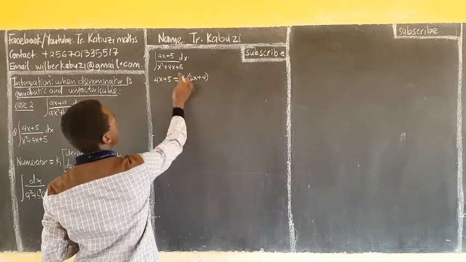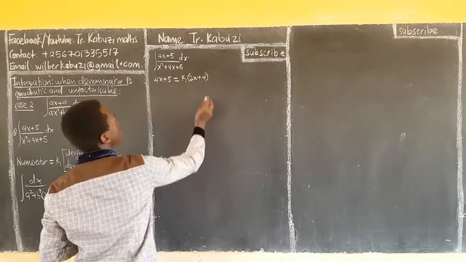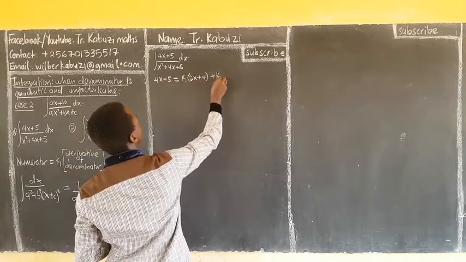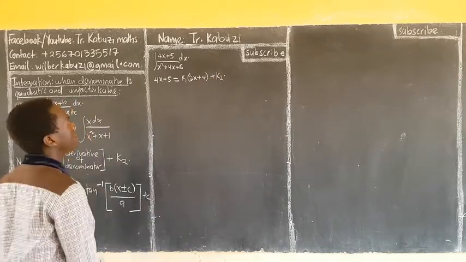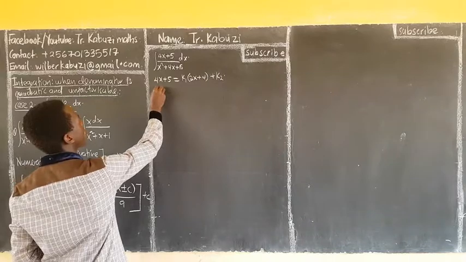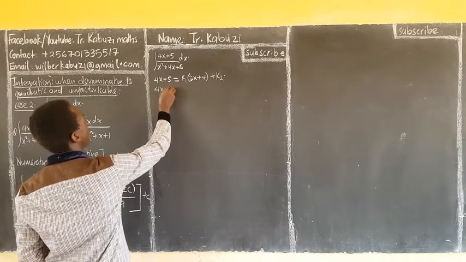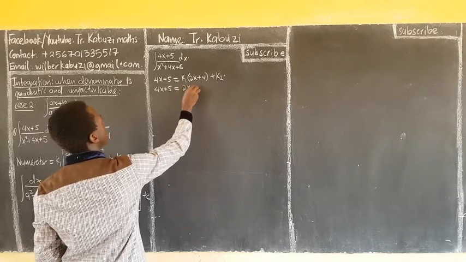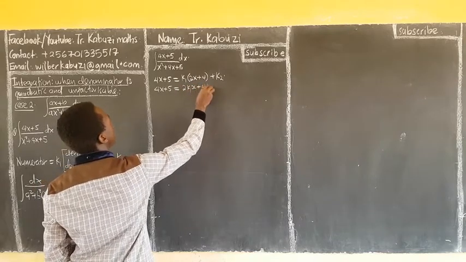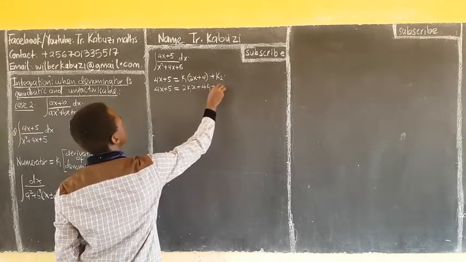The derivative of 2x is 2, and of 4 is 0, then plus k2. Now we need to get these constants. We just compare the coefficients. If you open brackets, it will be 2k1 x plus 4k1 plus k2.